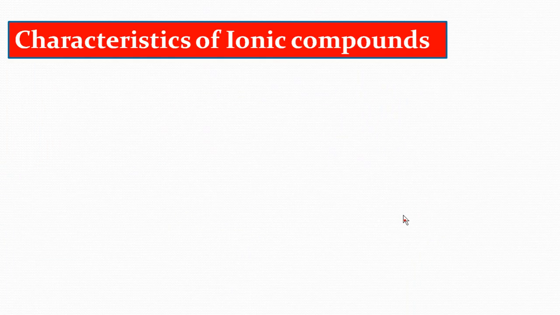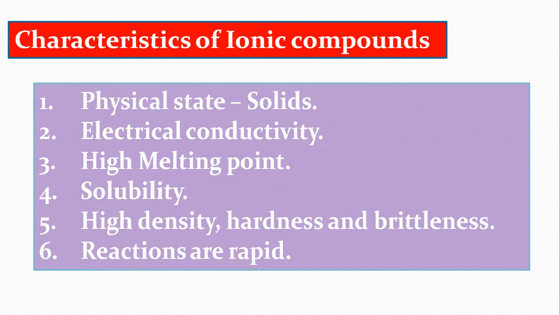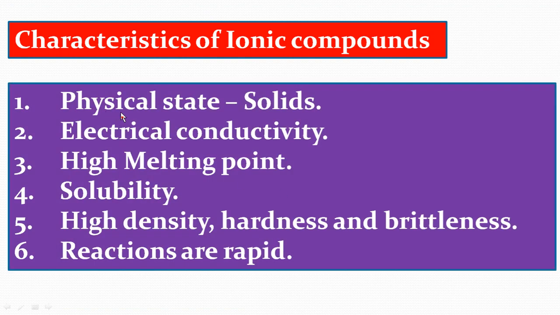Now, what are the characteristics of ionic compounds? First one, physical state: ionic compounds are solids at room temperature. The second point, electrical conductivity: in the molten state only, they conduct electricity. The third point, ionic compounds have high melting and boiling points. Then solubility.